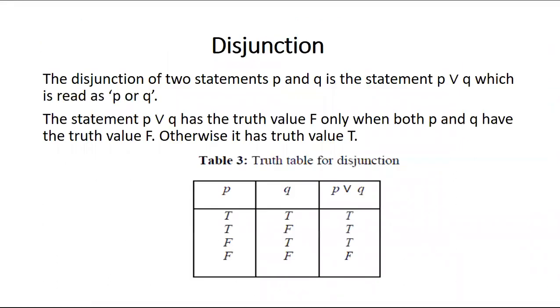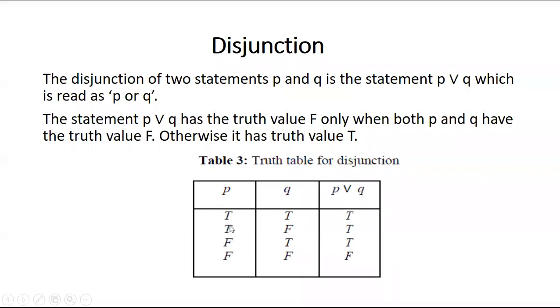Disjunction. Disjunction symbol is OR. P or Q. The disjunction of statements P and Q is the statement P or Q, which is read as P or Q. The statement P or Q has truth value false only when both P and Q are false. Otherwise, it is true. See the truth table here.